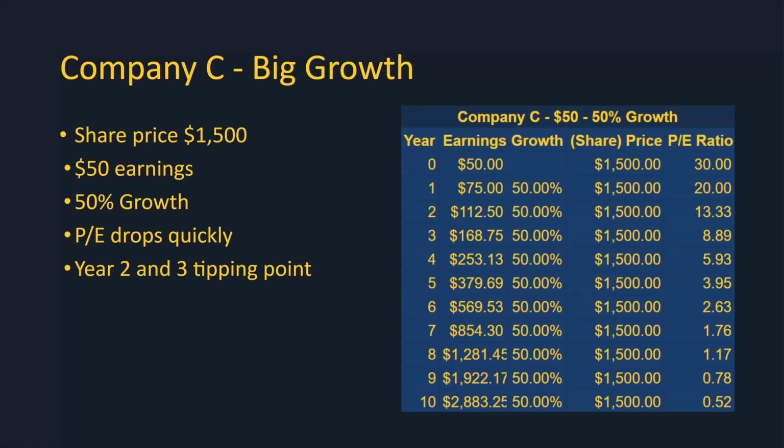Because of this, the PE ratio will drop even more quickly than at company B. As you can see, at the end of the 10 years, the PE ratio is 0.52, which is extremely low. And already in year 2, you are getting below the 15 PE ratio that we had at company A. So as you can see, the influence of growth is extremely important.